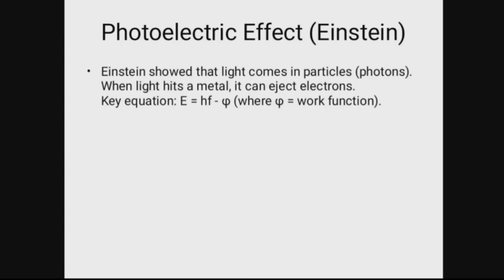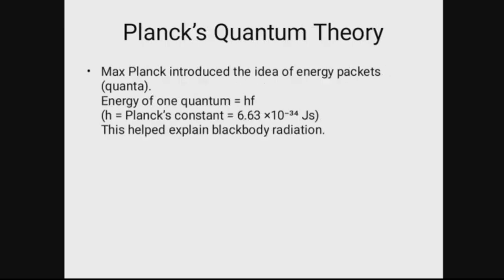So the energy of one quantum can be measured by multiplying the frequency of that energy by Planck's constant. That's what Planck's theory was able to bring out: that we could measure the quantity of energy in a packet of energy.